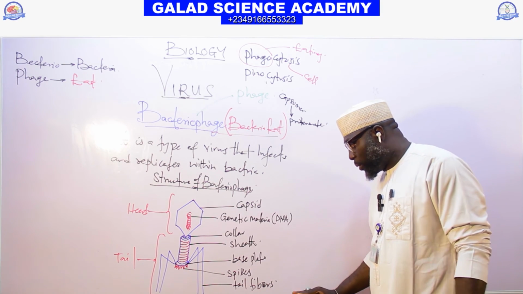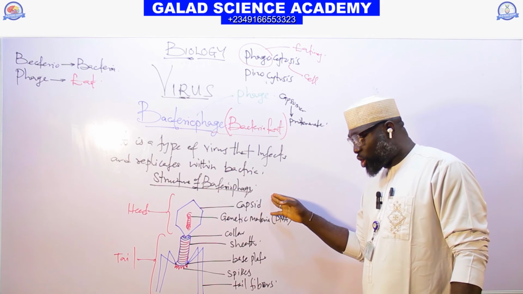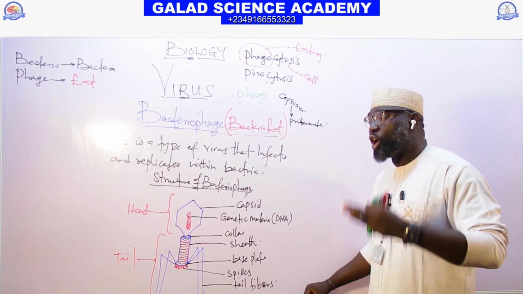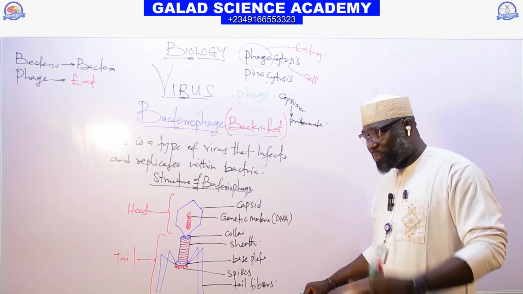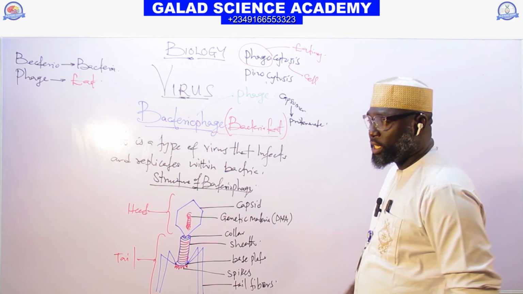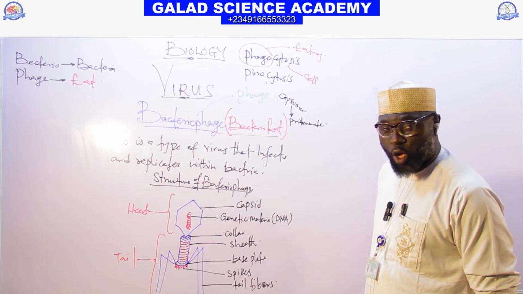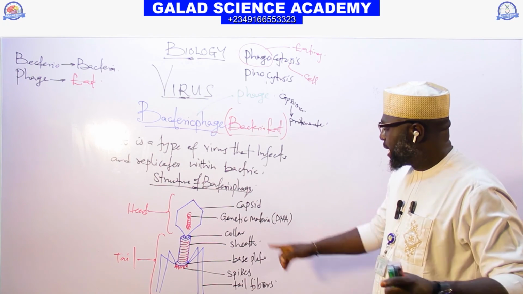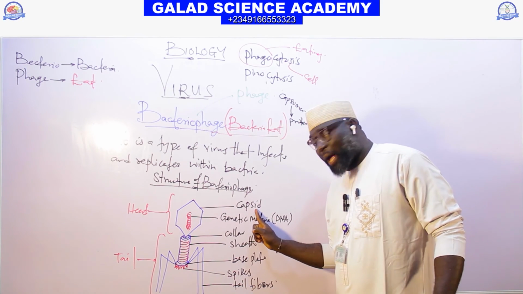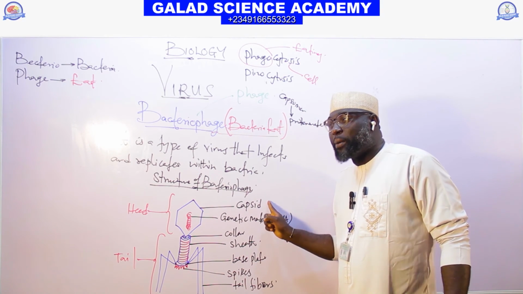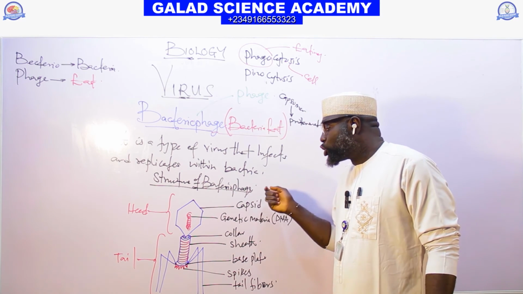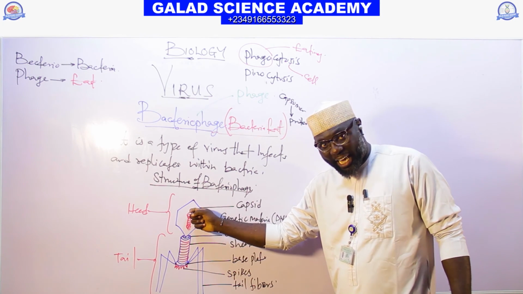And here now, they can ask us to draw the diagram and state the function of labeled parts. For the capsid, like I said earlier, the capsid is a protein coat that secretes and also protects the genetic material.